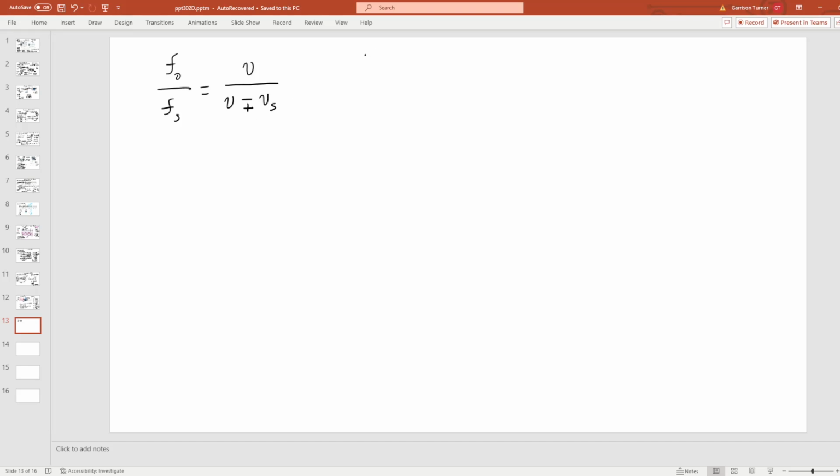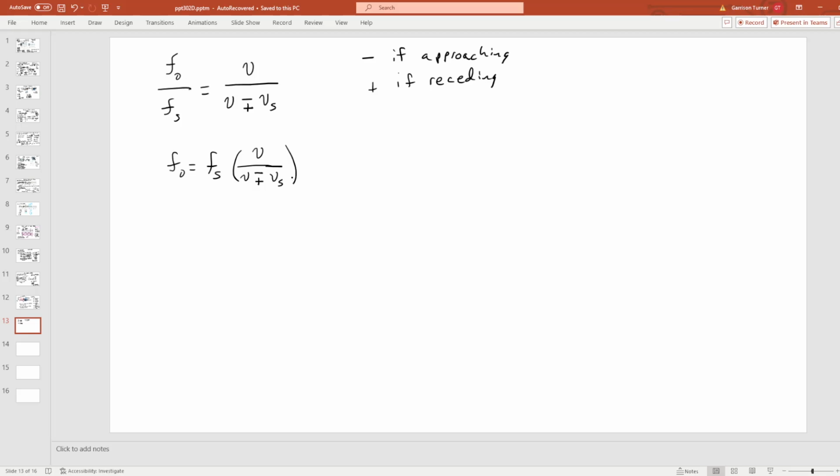Take the minus if approaching, take the plus if receding. And so the frequency of the observer is equal to the frequency of the source times the velocity in air divided by the velocity minus or plus the velocity of the source.